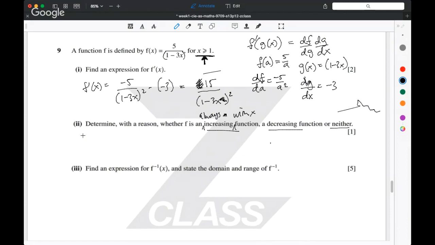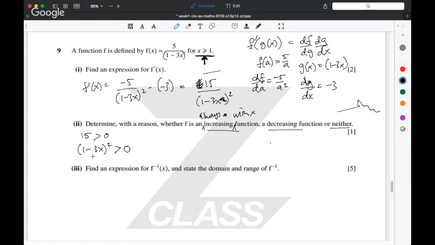Well, we can see that we've got 15, which is something that is greater than 0. And we've got 1 minus 3x, all squared. So things that are squared are always greater than or equal to 0, if we're talking about real numbers. And in this case, this is actually always greater than 0 because x is always bigger than 1.